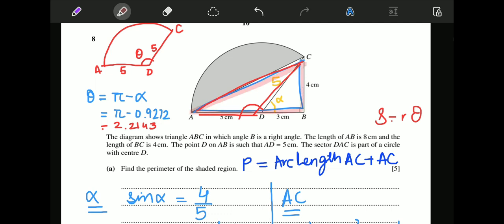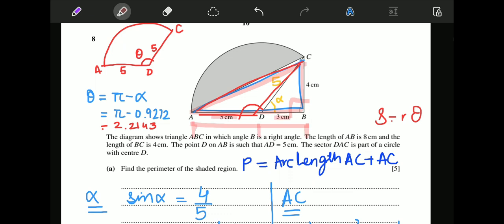B is a right angle, so this is it. The length of AB is 8 centimeter. This whole is 8 centimeter. As shown in the figure, this part is 5 and this part is 3 centimeter, like this is given.